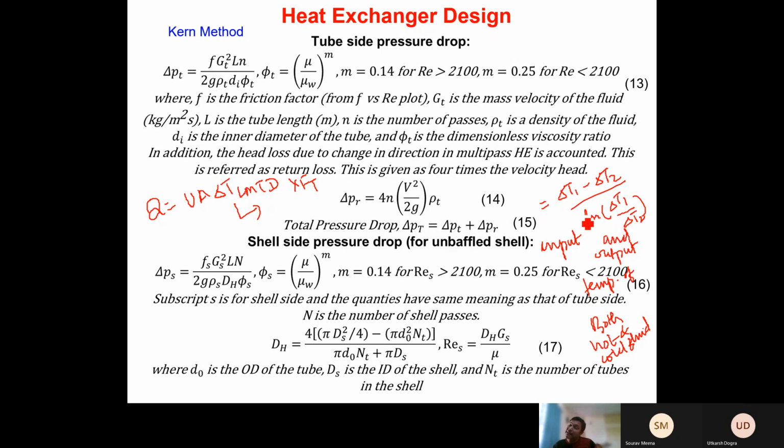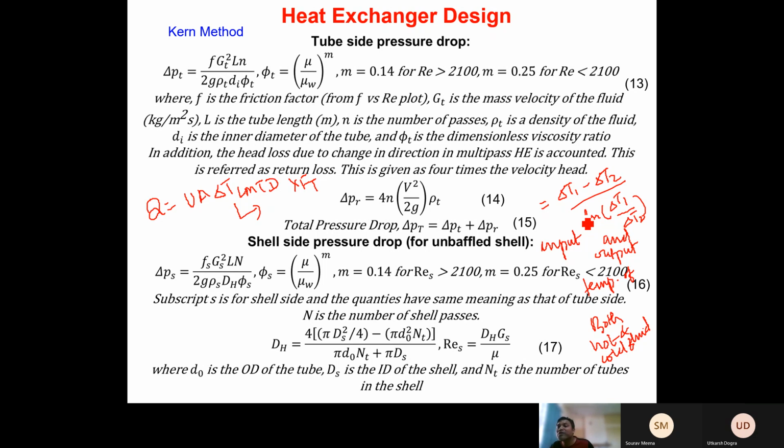Now the question is, as I said, many of you will be working in EPC companies where you are going to design the heat exchanger. What I mean by that is you are not having an actual heat exchanger with you. You are designing a heat exchanger. That means you will only know the input temperature of the cold fluid and the input temperature of the hot fluid. You will not know the output temperature. That is practically the situation.